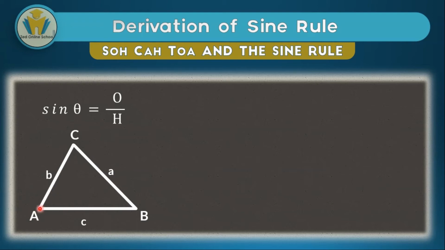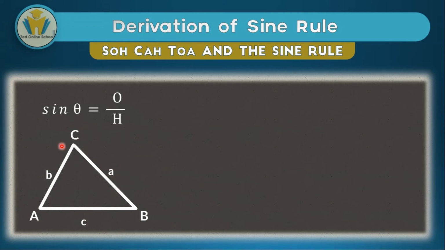So if we come from A here, we draw a line until we reach side A, such that that line we draw and this line BC, or side A, will be at 90 degrees. That line we draw is an altitude and will enable us to have two right angle triangles.